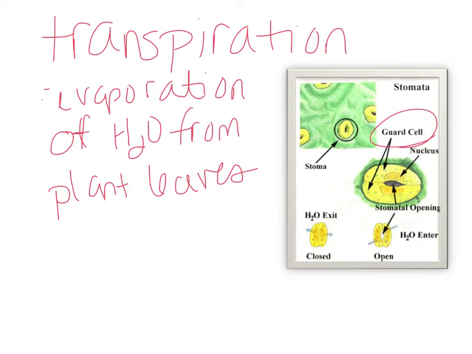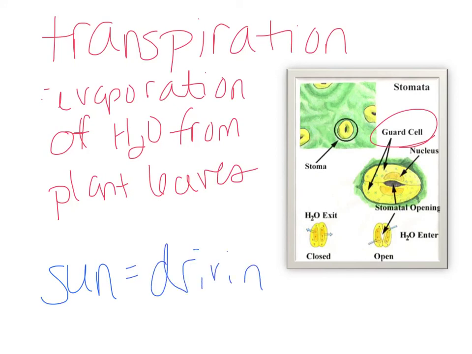Again, that's in the last video, so if you don't remember that, you may want to go back and take a look at that. So the opening and the closing of the stomata really have an impact on transpiration. They're going to regulate the amount of water that is let out. Our driving force behind most transpiration is going to be the sun.